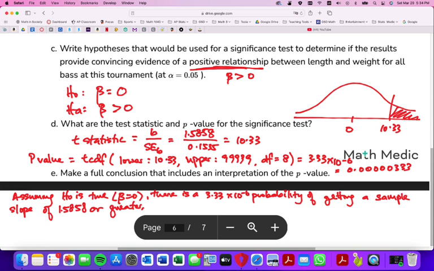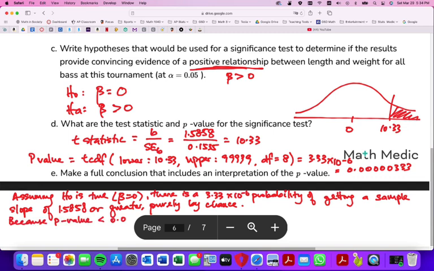The alternate hypothesis says we're trying to find evidence that the population slope is greater because it's a positive relationship, purely by chance. Try to remember those last three words, that's what we usually put at the end of the p-value interpretation.